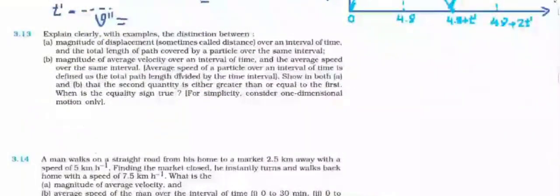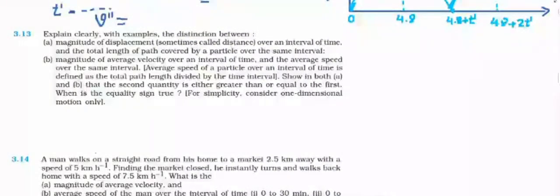Now question 13. Explain clearly with example the magnitude of displacement over an interval of time and total length of the path covered by the particle over the same interval. So you can see magnitude of displacement is distance. Total path length is also distance.